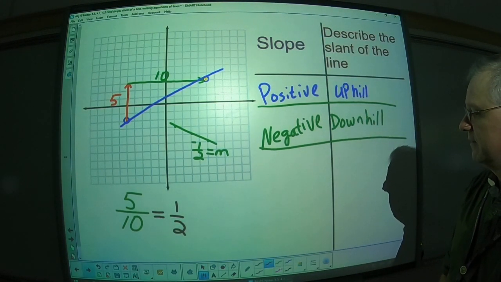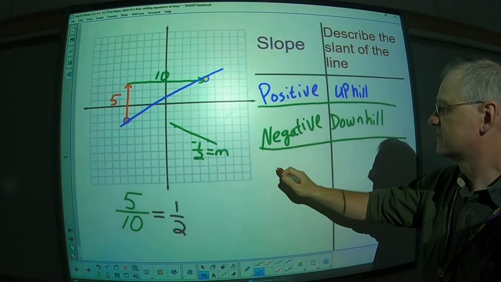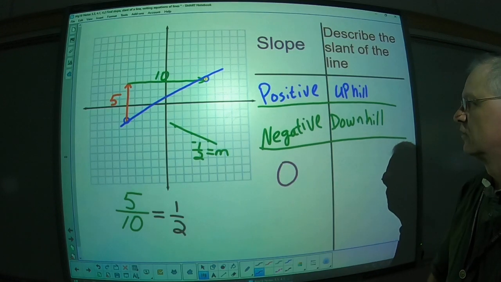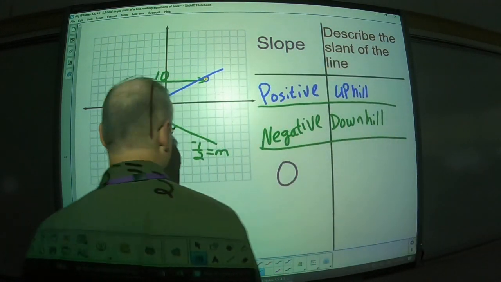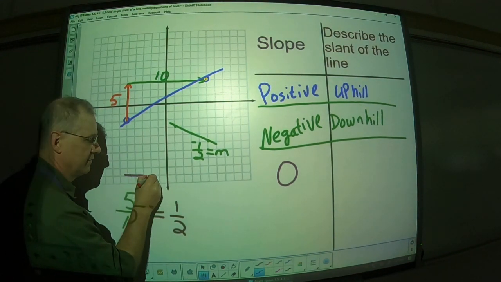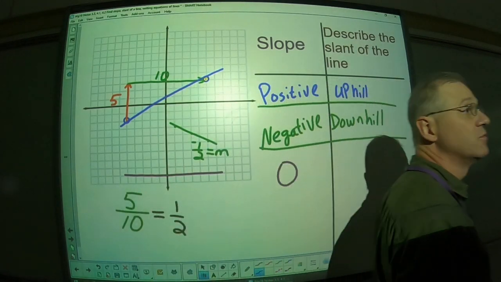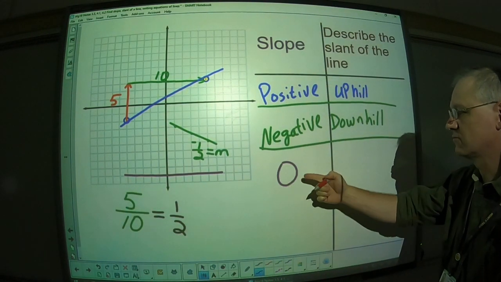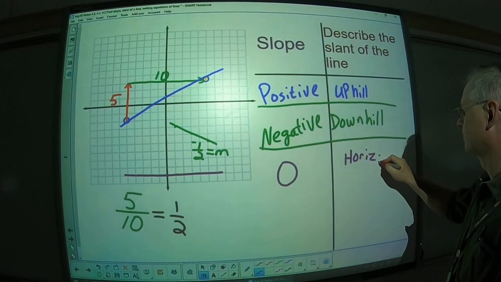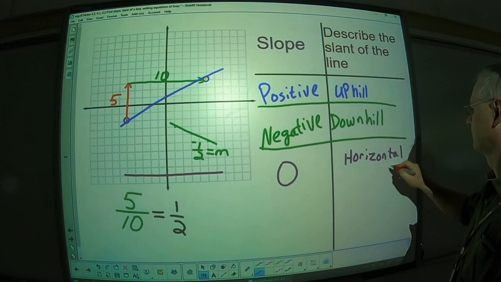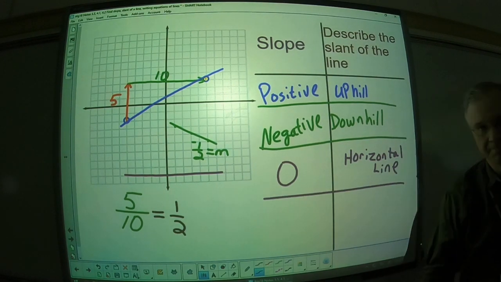The next one that you will see is a slope of 0. When you have 0 for a slope, that is referring to a line that is horizontal. And that's how you describe the slant of a 0 slope line. You just say it's a horizontal line.